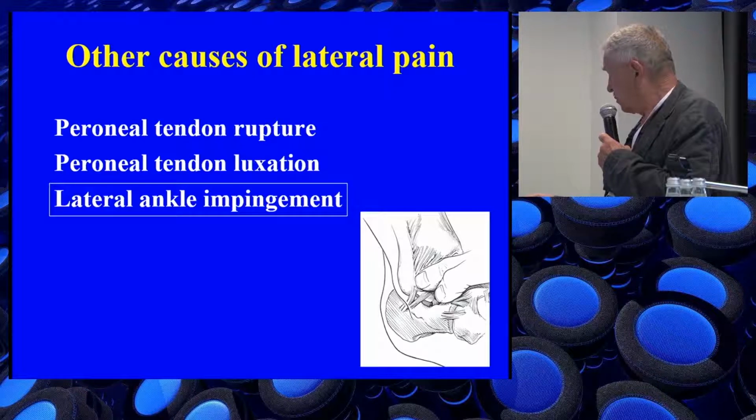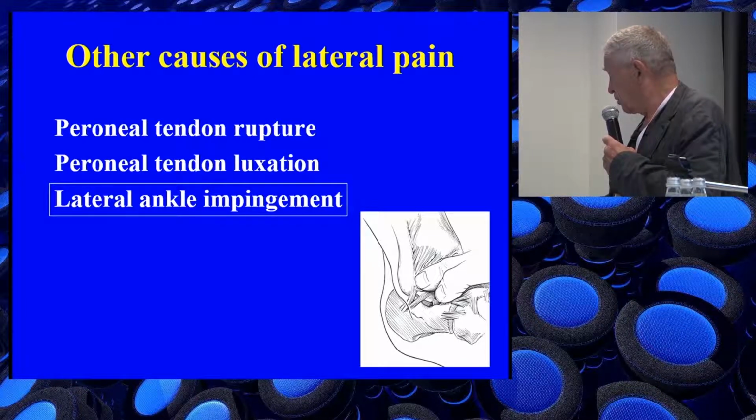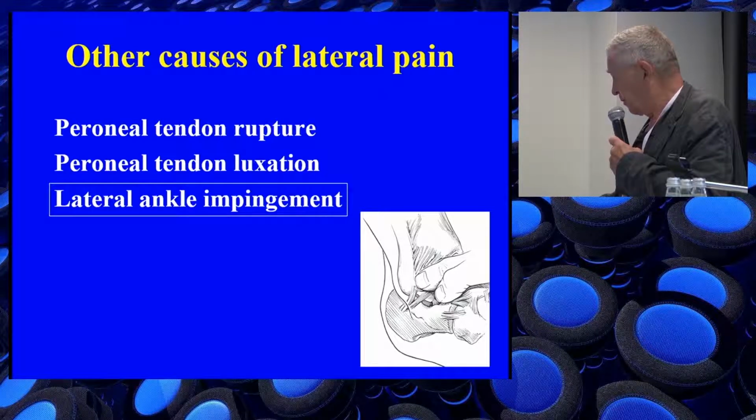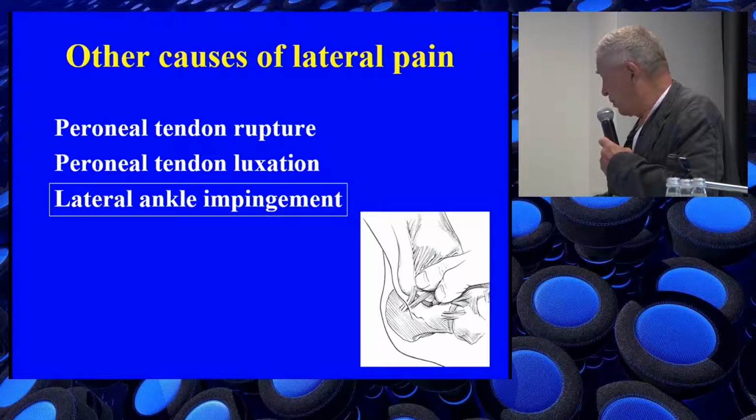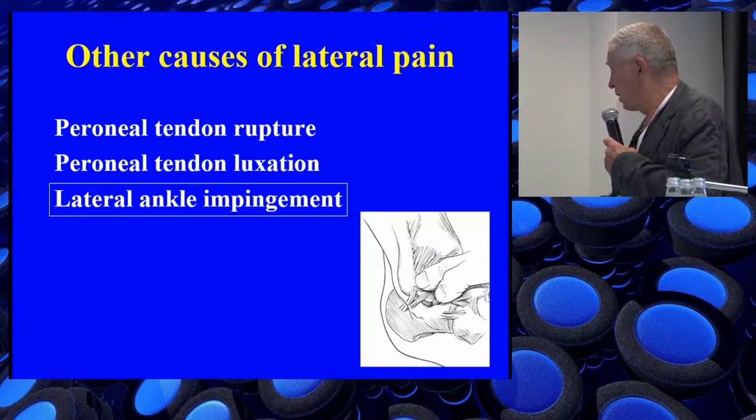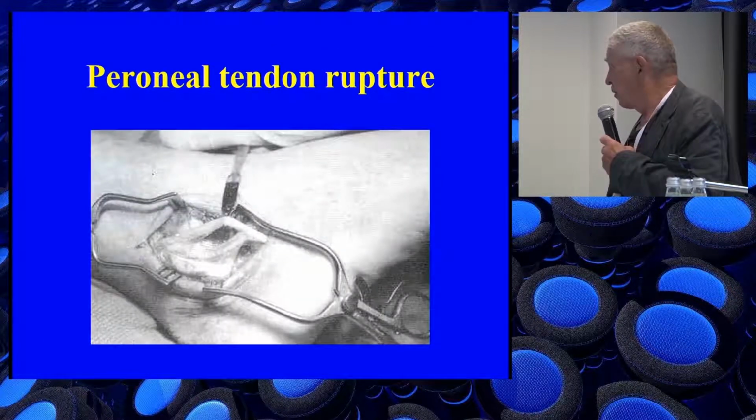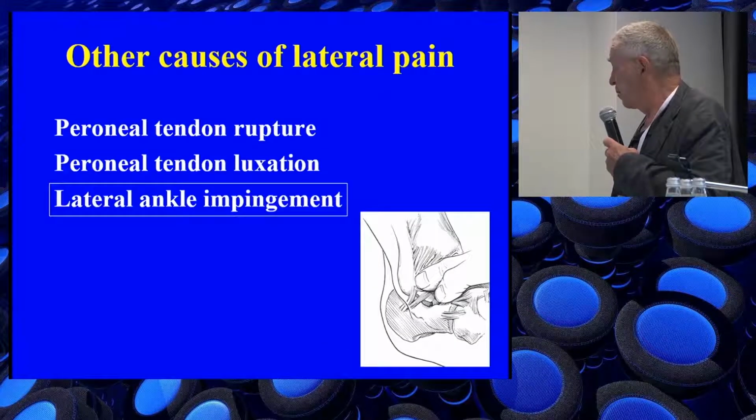And you can distinguish it rather well, because the tender point is in front of the fibula here, and if you have a luxation, or a tendon rupture, or a tenosynovitis or something, the tenderness is always located behind the fibula.